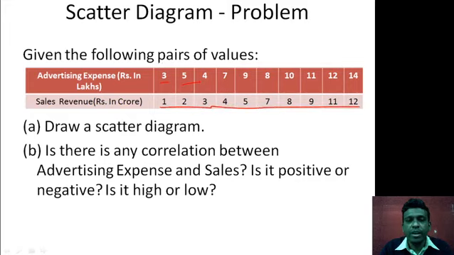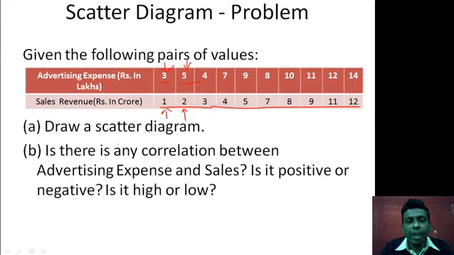So probably in one of the years you had this much advertising expenditure and the corresponding sales revenue was this much. If in one of the years, maybe the next year, you spent this much, that is 5 lakh rupees, and you got a sales revenue of 2 crore rupees, and so on.